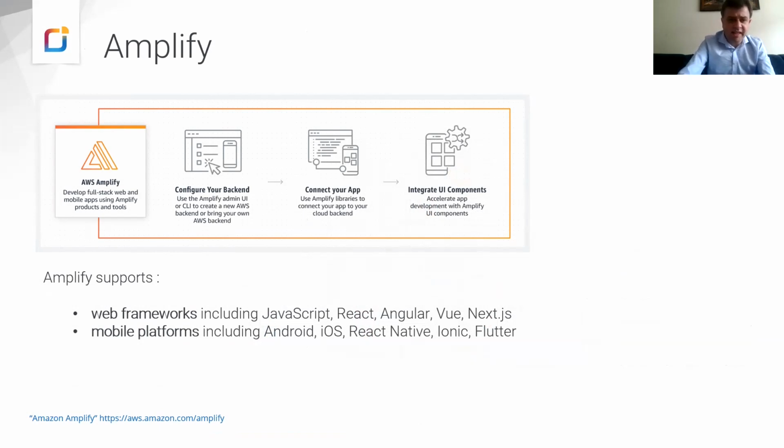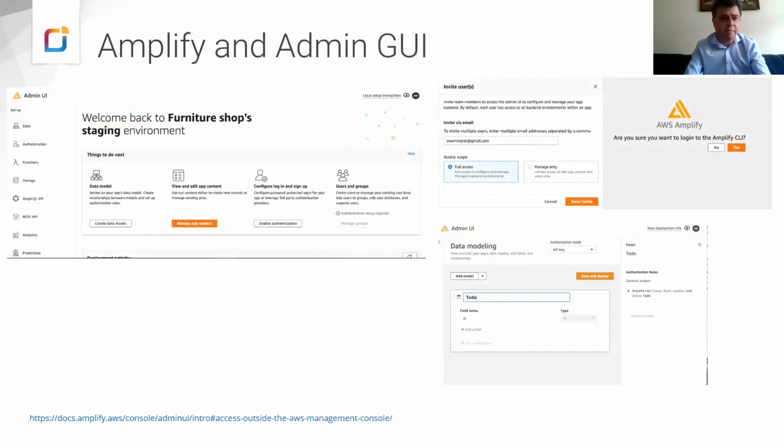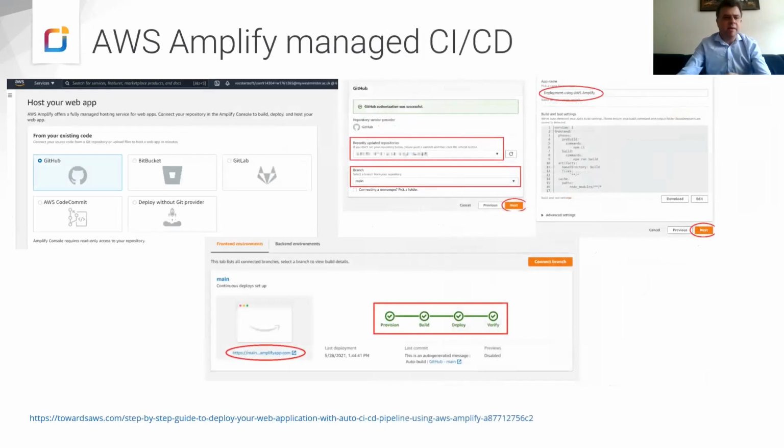They are going the same way, they let you start very quickly. There is Amplify Admin UI where you can model your relationships, because underneath there is GraphQL for modeling. Another thing that I also see is that Amplify offers you managed CI/CD. So this is another offering.